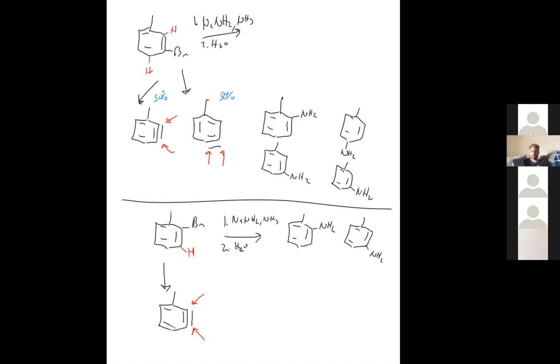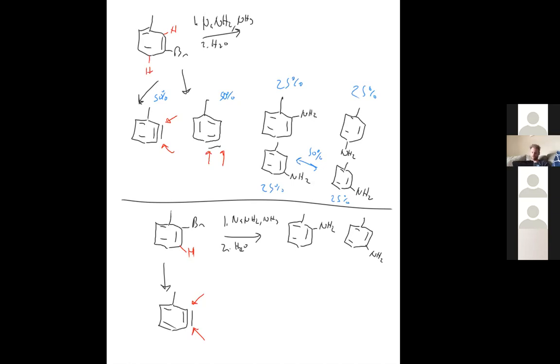If the top parts both happen 50% of the time, that means it's going to divide it down to 25% for these. Because these two are identical molecules here, we have two portions of 25%, or 50% of our molecule being this.